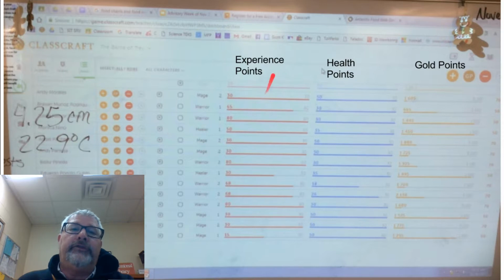They get experience points for doing the right thing. For example, first thing, this particular teacher checked to see if they were on time. If they were on time, good, they get experience points. If they were tardy, they may lose some health points, and of course they don't get experience points.